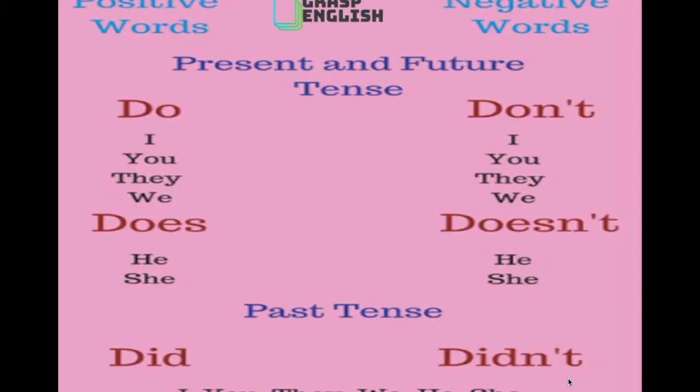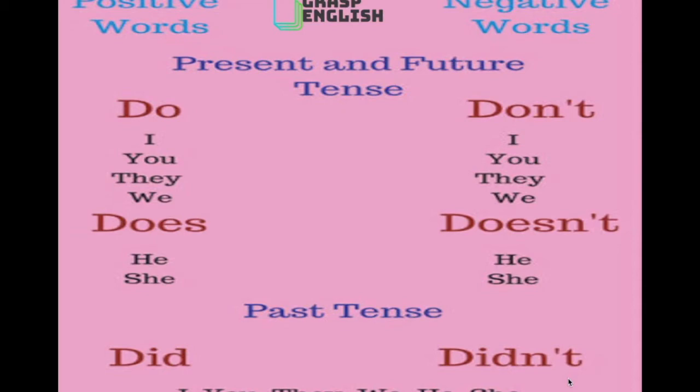So see here, in positive and in negative forms we are going to learn: do, with I, you, they, we. Don't, with I, you, they, we. Does, with he or she. And doesn't, with he or she. It's like that. Do and does are divided in two parts, singular and plural.